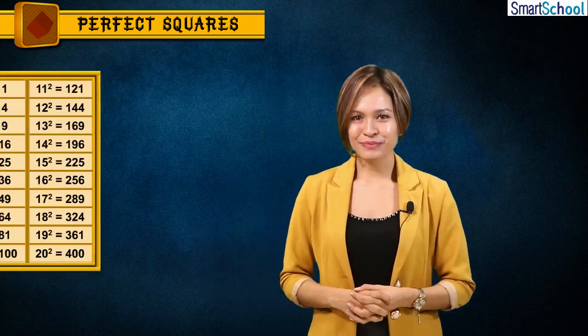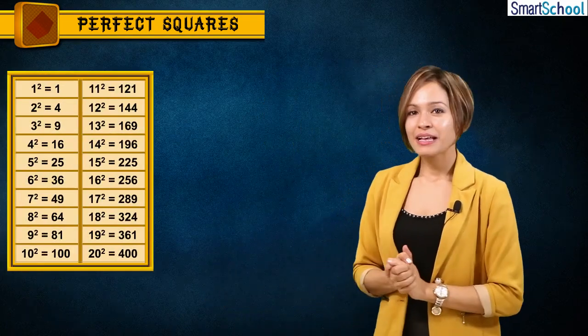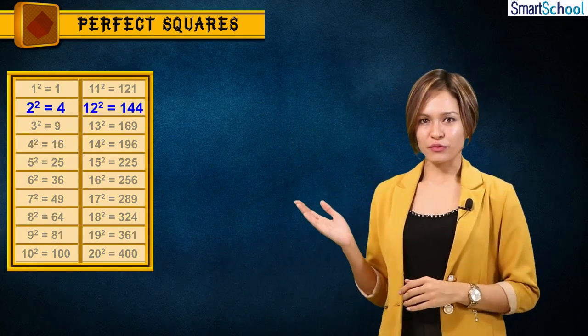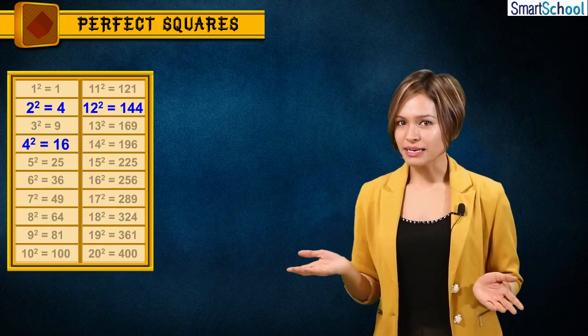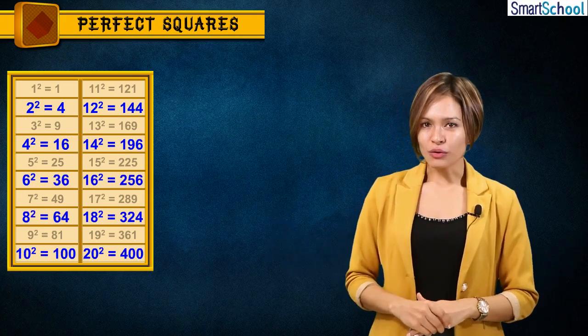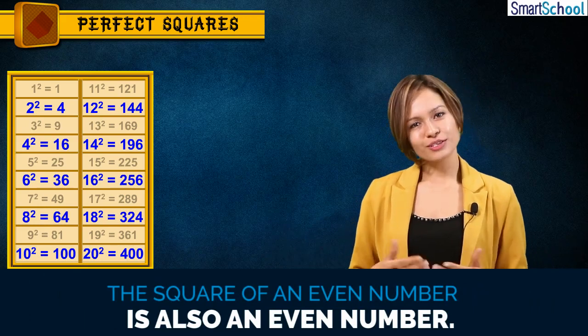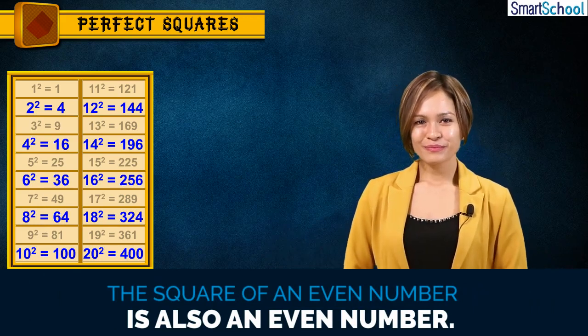Let's see one more pattern in the square numbers. What can you say about the squares of even numbers? Look here. The square of 2 is 4, 12 is 144, 4 is 16, and so on. So we can see that the square of an even number is also an even number.